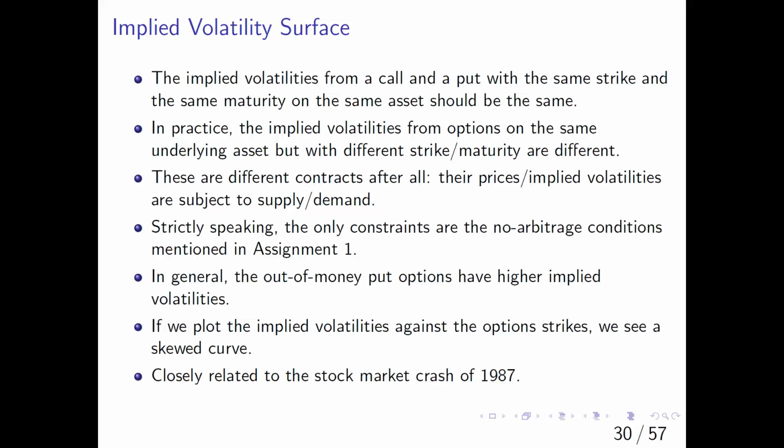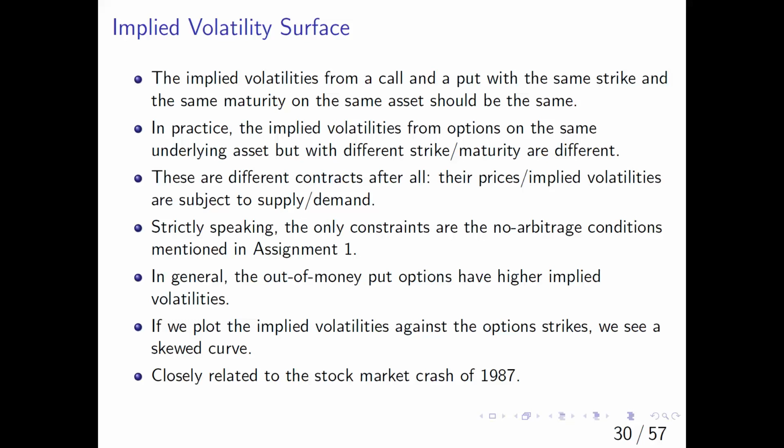So when you take the derivative of the left-hand side, the partial C over partial sigma has to equal partial P over partial sigma. That means the sensitivity of the call must equal the sensitivity of the put with respect to volatility.